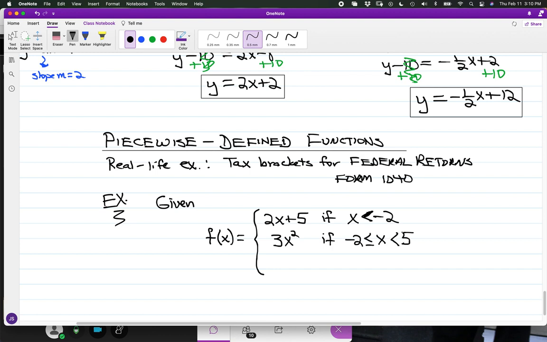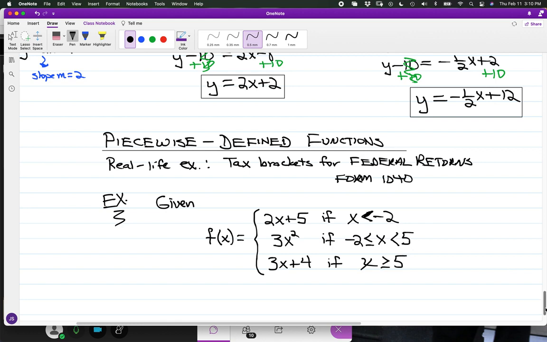And for the remaining tier, y is equal to f of x is equal to 3x plus 4 if it so turns out that x is greater than or equal to 5.